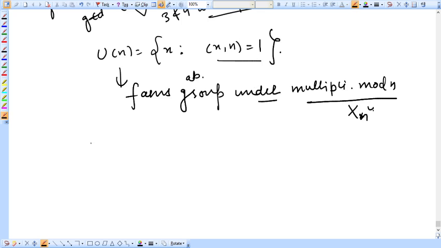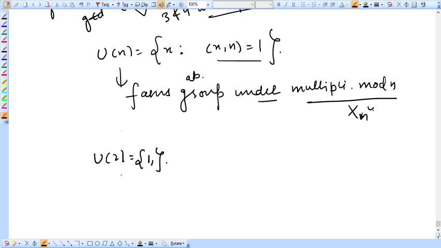So you see, U1 is equal to 1 only. U2 is equal to 1, this is not possible, because it should be less than or equal to 1; it is an empty set.